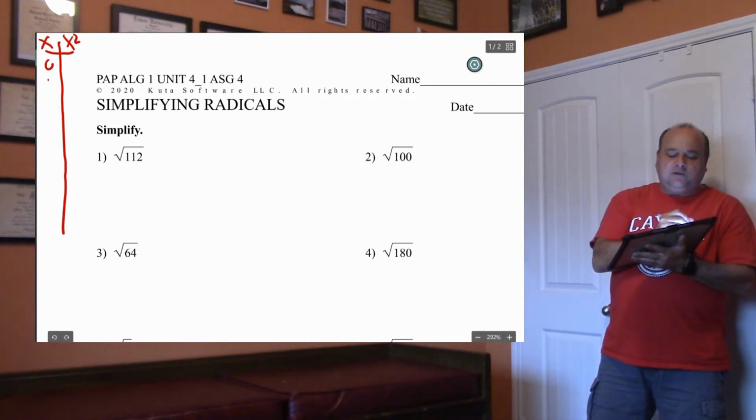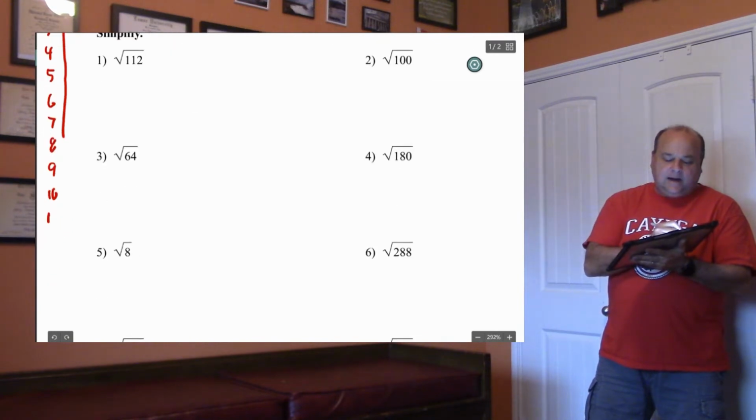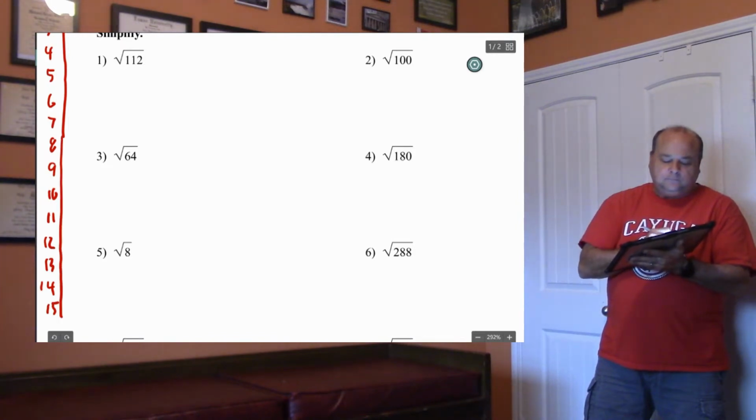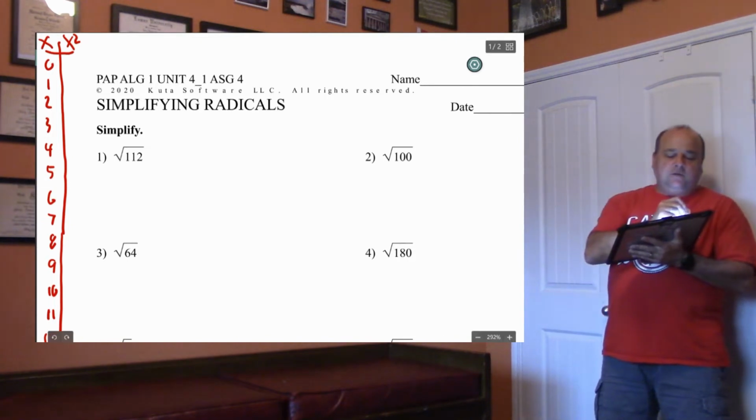So I'm going to go 0, let's go to 15. So go all the way down to 15. Okay, now then what we're going to put on the right is the squares of those numbers.